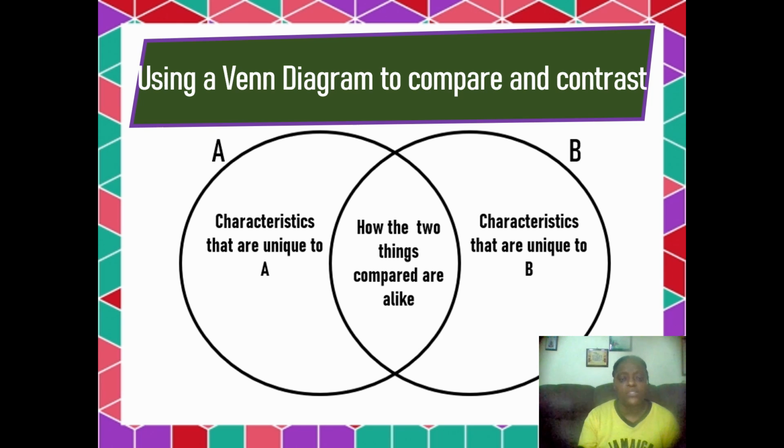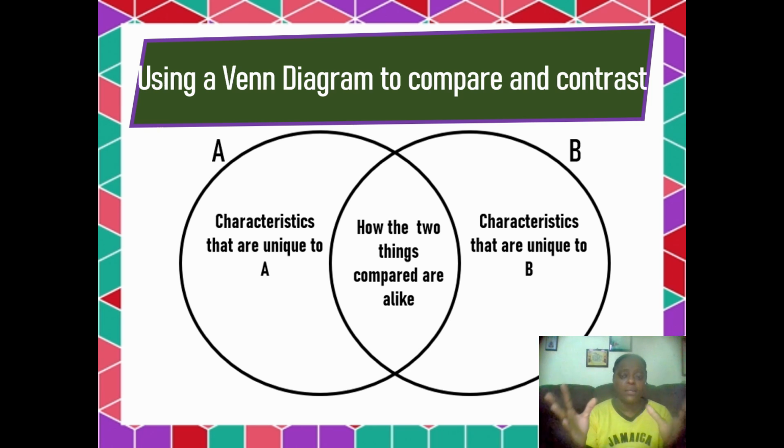In the outer sections, we write characteristics of A. This Venn diagram is labeled A and B, so we would write characteristics that are only unique to A. In section B, you would write characteristics that are only unique to B.